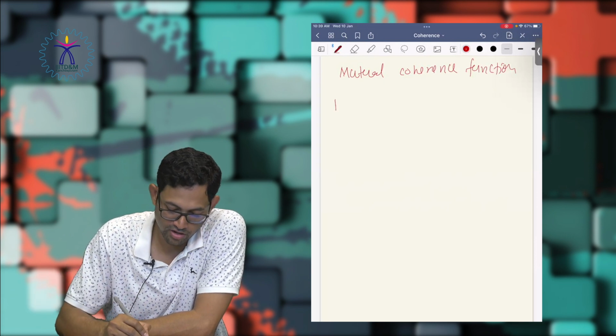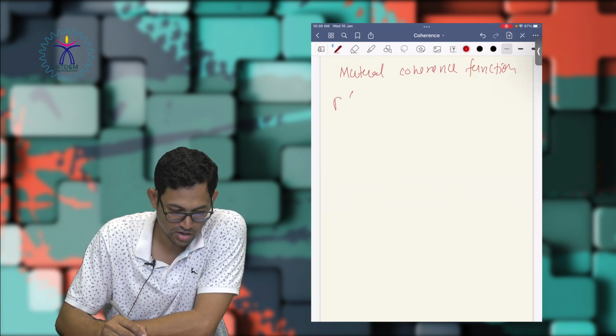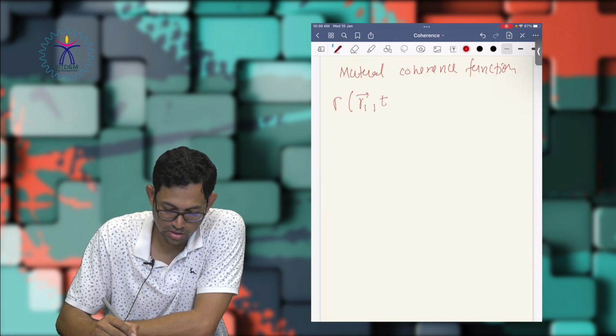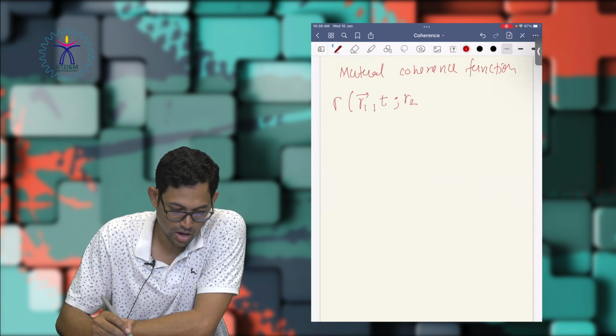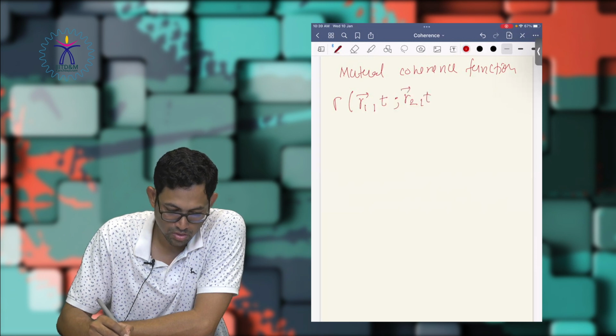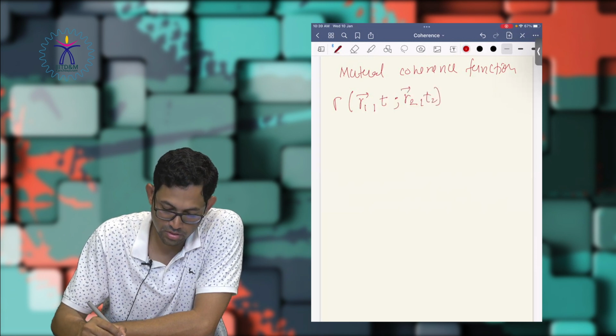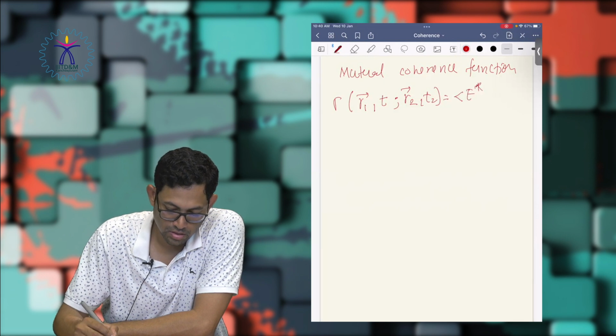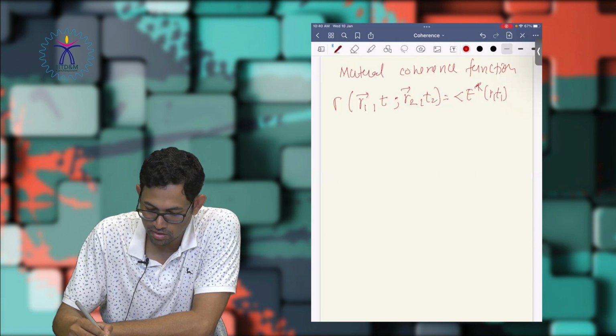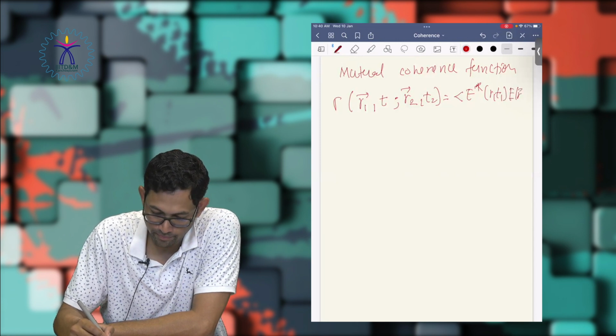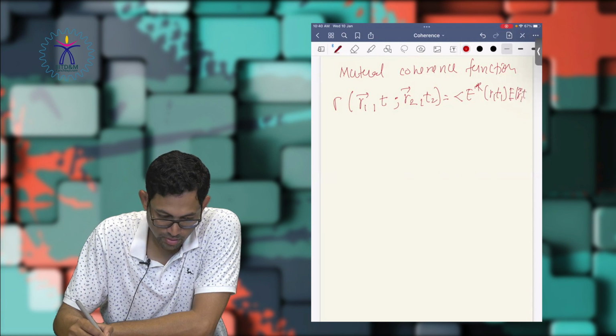I can define the mutual coherence function gamma of R1, T1 and R2, T2 as the average of the conjugate of E at R1, T1 with E at R2, T2.